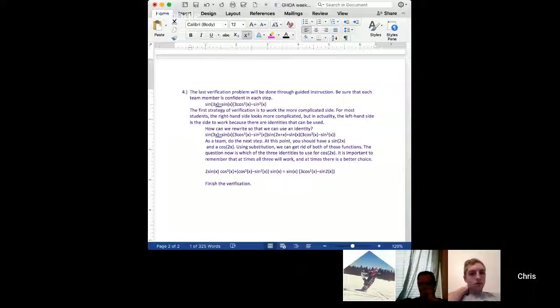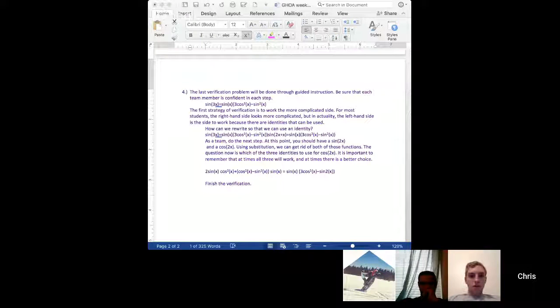Is that a negative sine squared x in the original problem, or are you subtracting it, or multiplying by a negative? I think it's just a subtraction. Just a subtraction. Wait, why are there two equal signs?